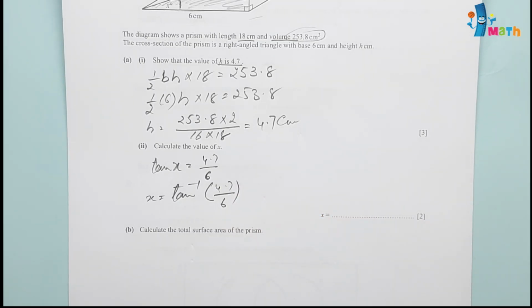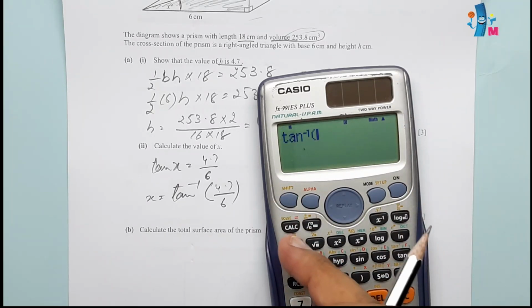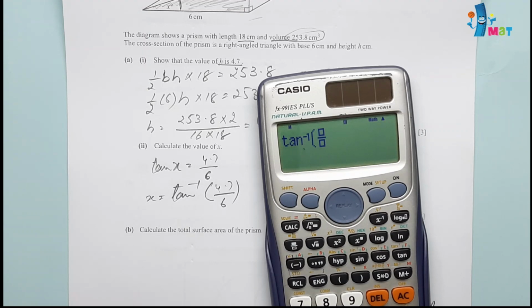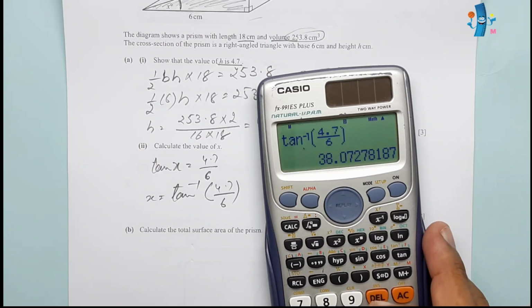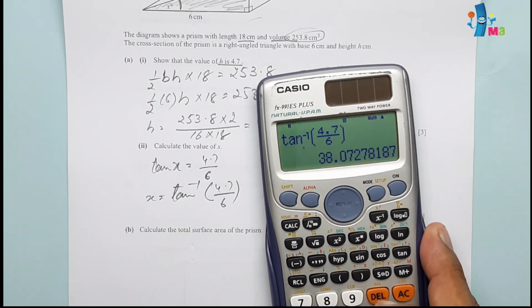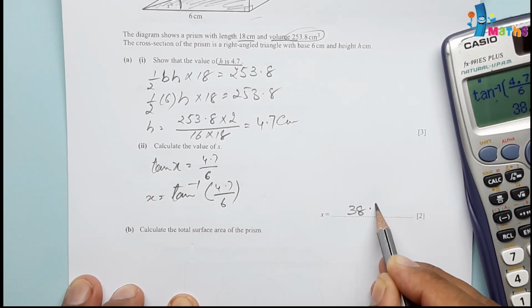So we can use a calculator to calculate the tan inverse. So shift tan 4.7 over 6 will be equal to 38.07. So we will write 38.1.